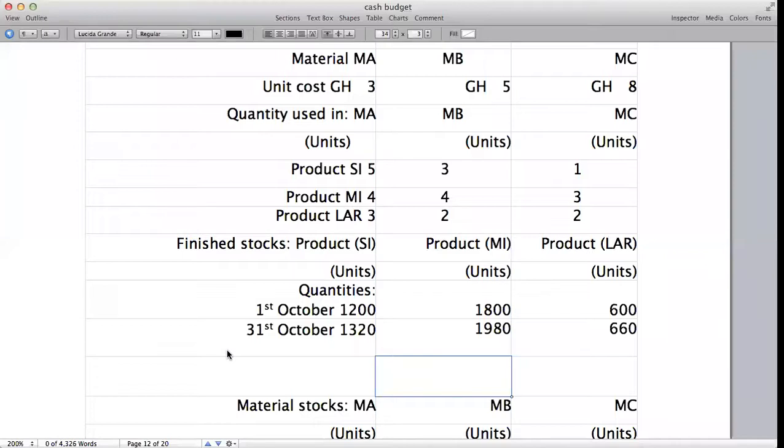Good. So the closing inventory for MI is 1,980. Then we have 662 here. Good.